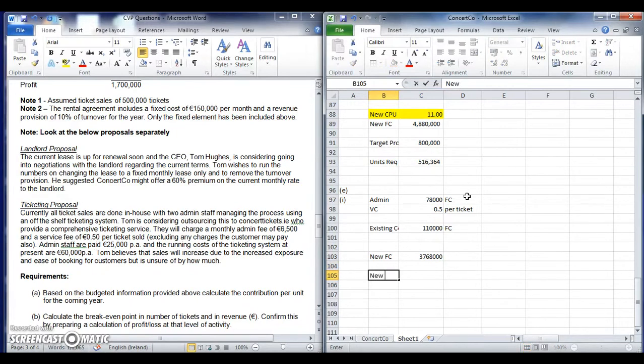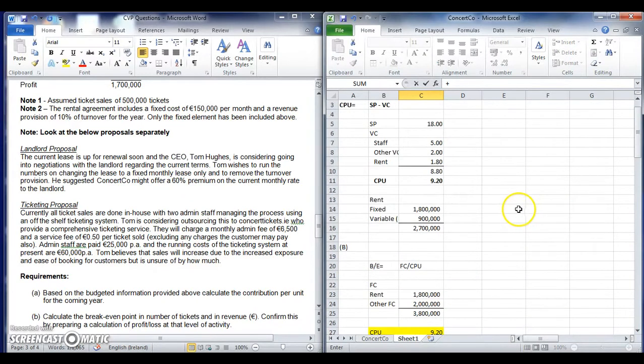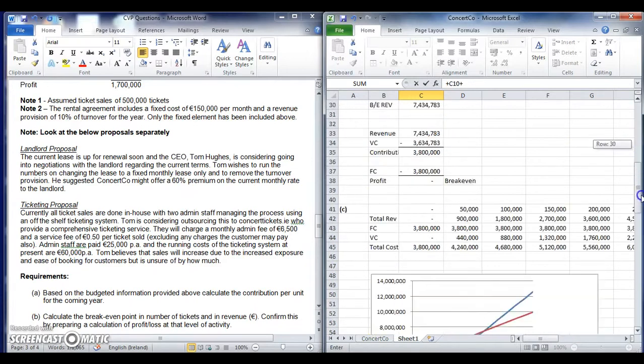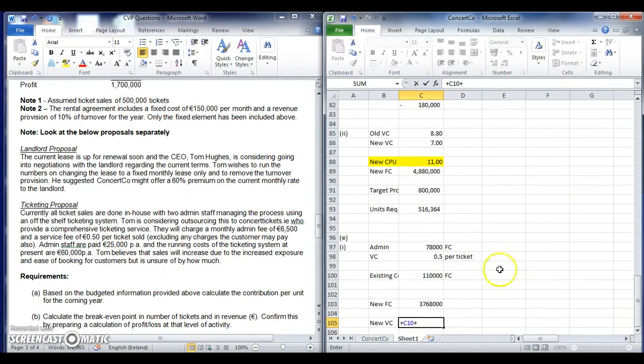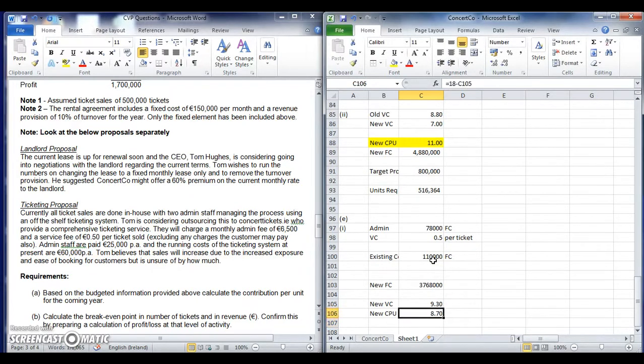Your variable cost before, so again, you're just making adjustments off the existing, was 8.8, but you now have an additional variable cost because you're charged for every ticket sold of 0.50, so 50 cents. So your new variable cost is 9.30, and don't forget the new price is 18 euro per ticket minus the 9.30.